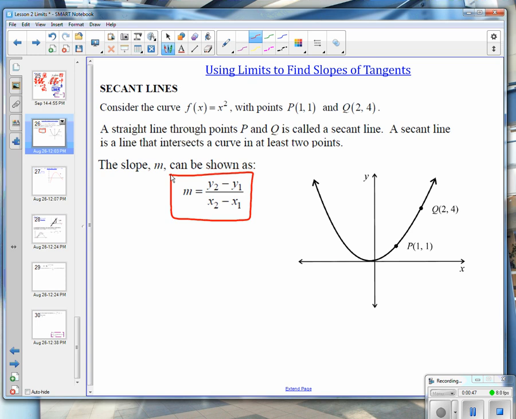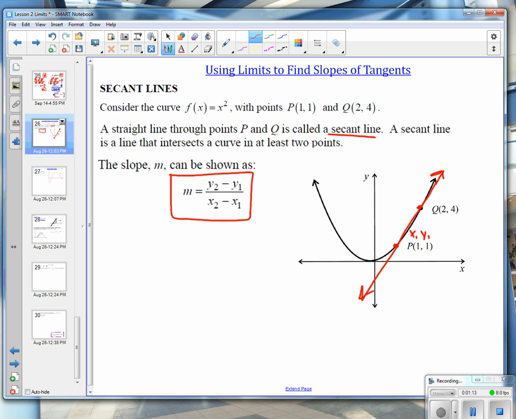Because it's a curve, what we would have to do at this stage of the game is find a straight line. And we can do that by looking at a secant line. A secant line is a line that goes through a graph or through a curve at 2 points. And again, we can draw that nice straight line there and find its slope. So remember this formula, y2 minus y1 and so on.